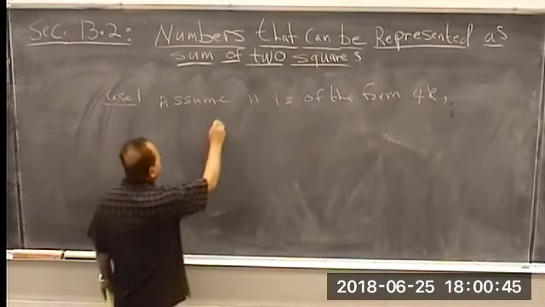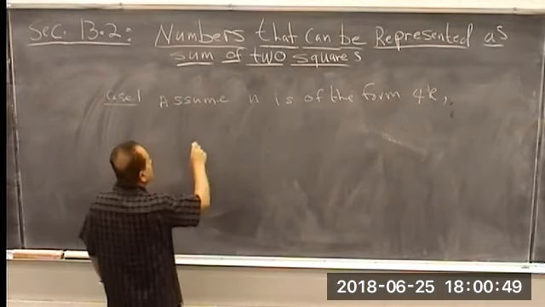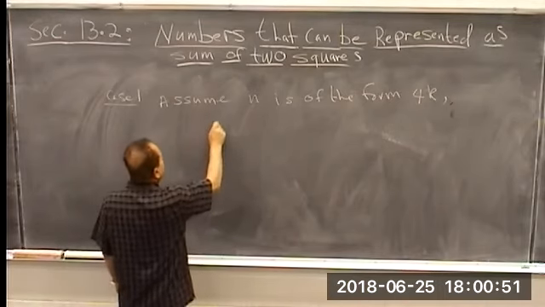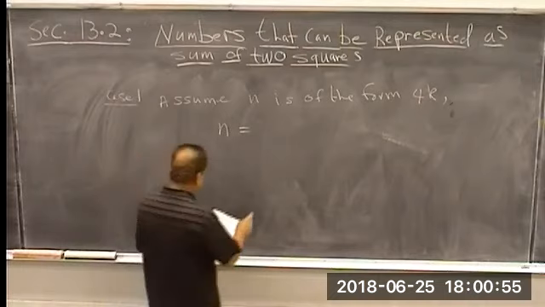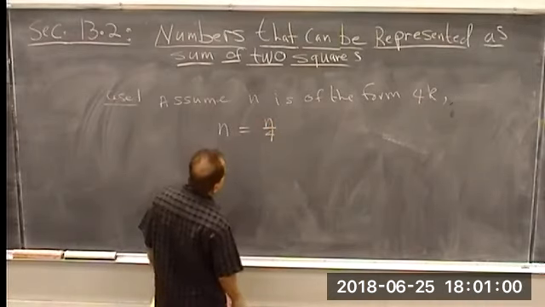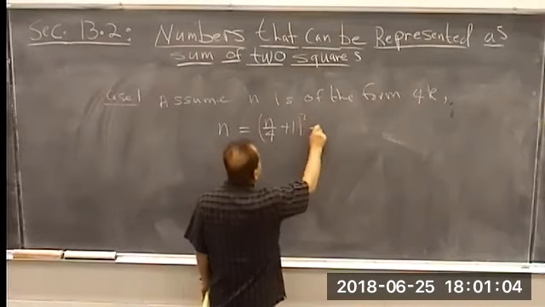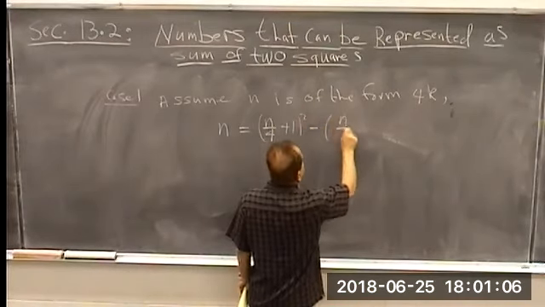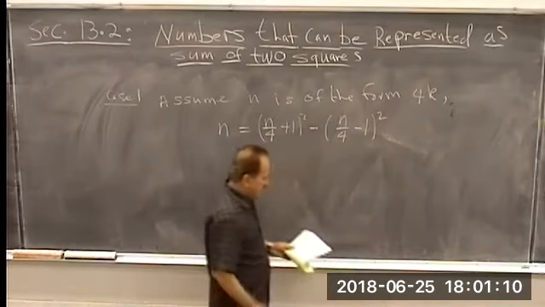Then in this case, of course, we can write n as (n over 4 plus 1) squared minus (n over 4 minus 1) squared, because n over 4 is an integer.